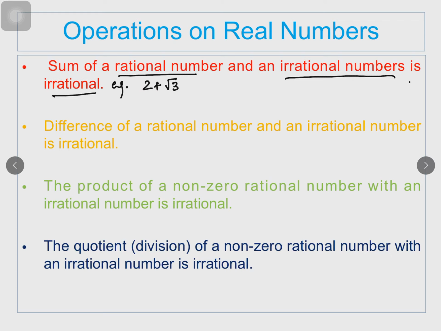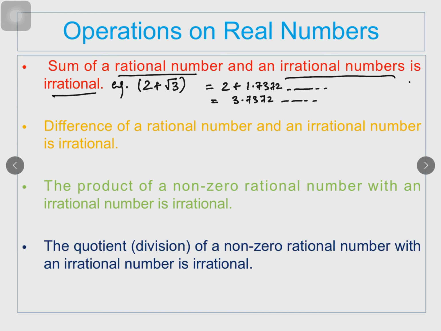The resulting number is irrational, because the value of root 3 is 1.732 and so on. When you add them, you will get 3.732 and so on. So this is an irrational number. So when you add a rational number and an irrational number, the result will be an irrational number.